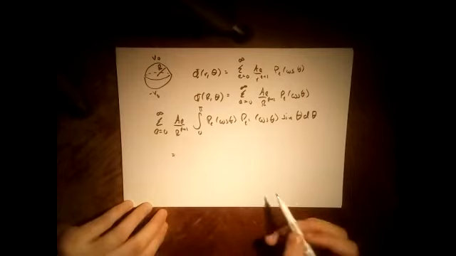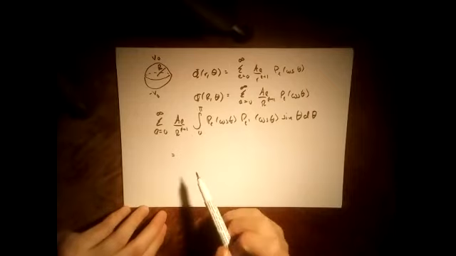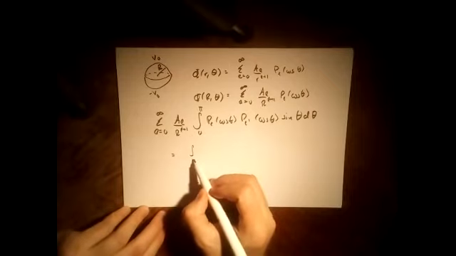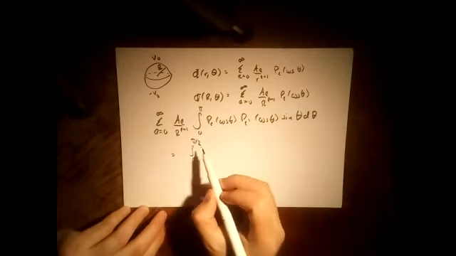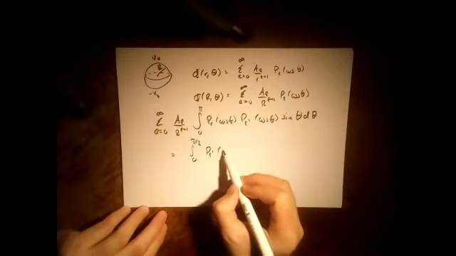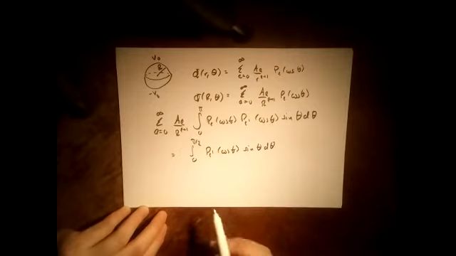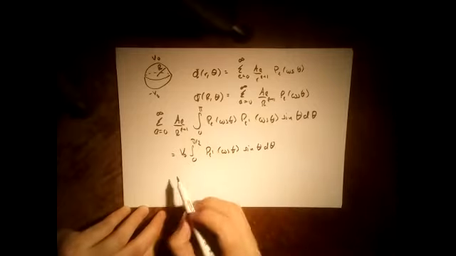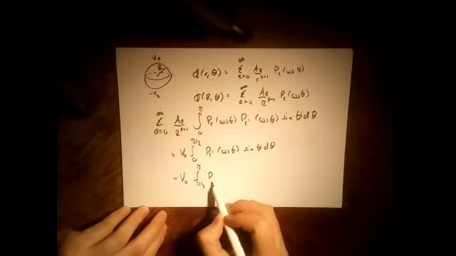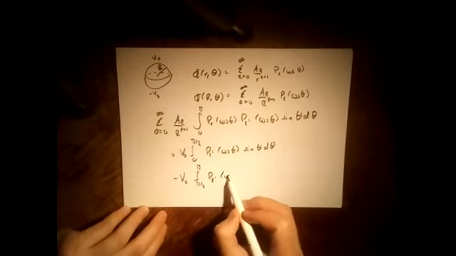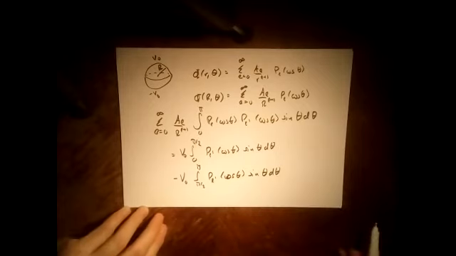On the other side, my integral is going to look a little bit different: 0 to pi over 2 of P_L'(cos theta) sine theta d theta times V0, minus V0 times the integral from pi over 2 to pi of P_L'(cos theta) sine theta d theta.